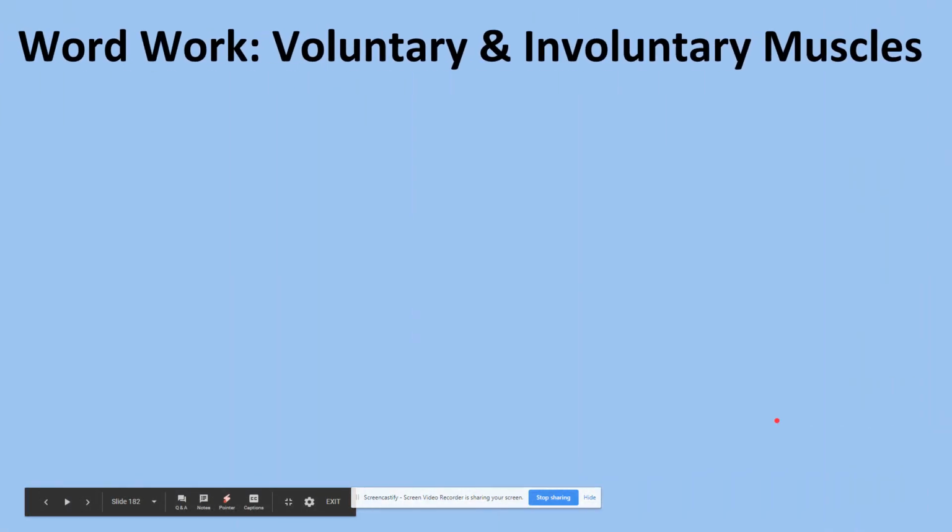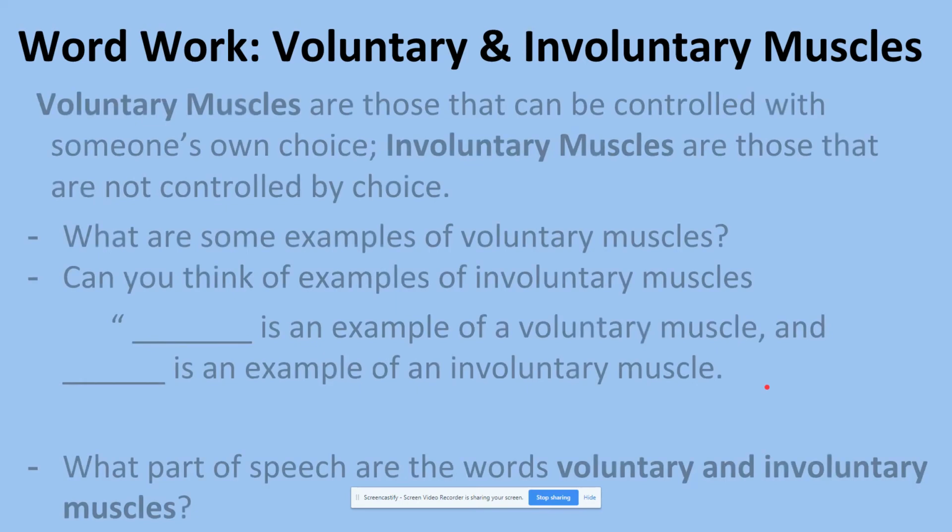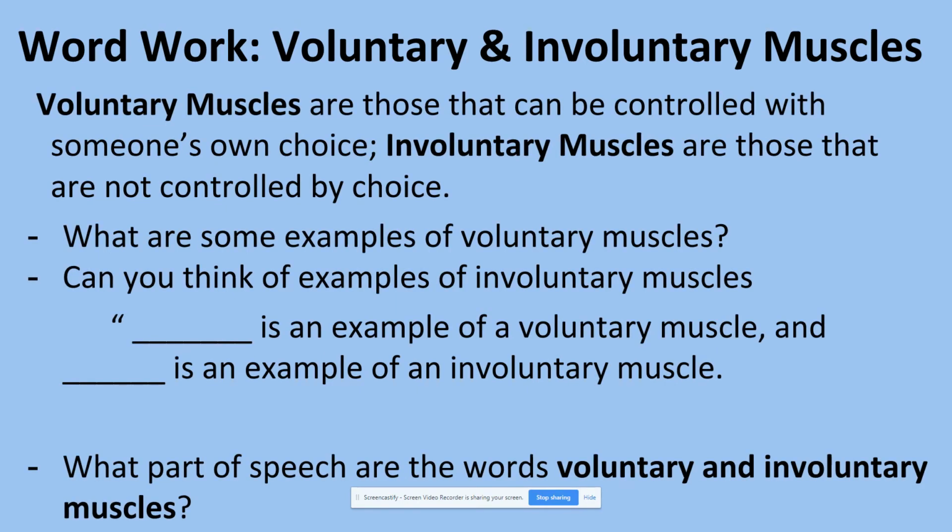Okay, so our word work today is voluntary and involuntary muscles. As we read, you heard Ricardo say that because you control your skeletal muscles, deciding when and how you want to move your bones, they are called voluntary.